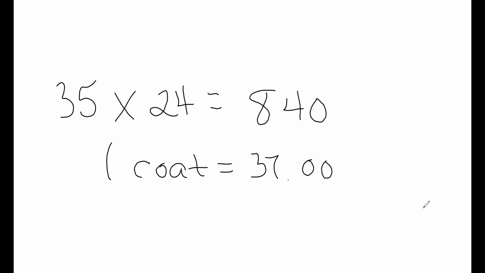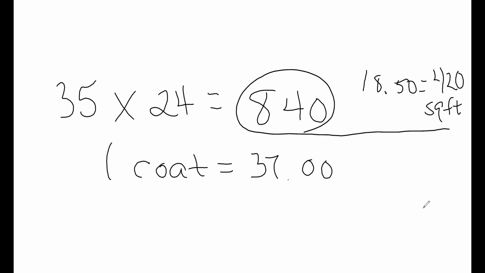So what it's saying in the last sentence, which is the question, which of these will be the cost to seal your driveway with 2 coats of sealer? So what you have to think of is $18.50 is going to do 420 square feet. But you already know, because of this, that you have to do 2 $18.50 to cover 840 square feet.